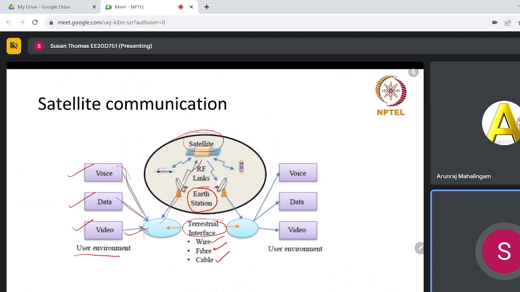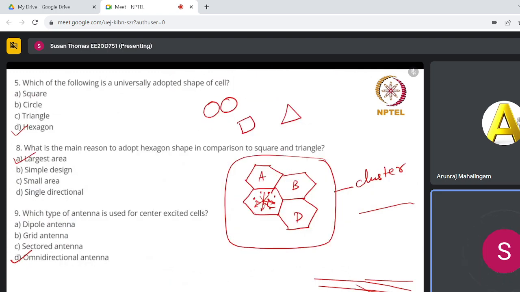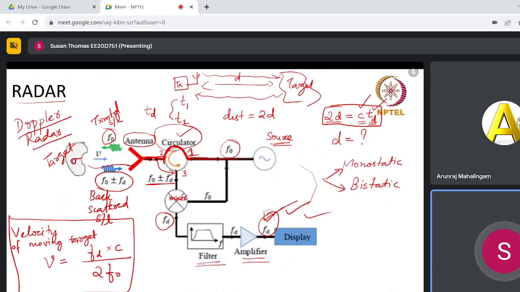From the satellite, the signal is sent back to the earth station, which will be further processed as per the need. Generally for satellite communication, the frequency bands used are C band, Ku band, and Ka band. In radar communication, you have come across different bands such as L band, S band, C band, and X band.